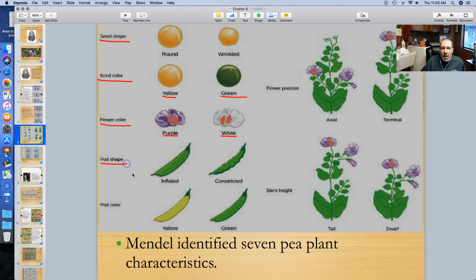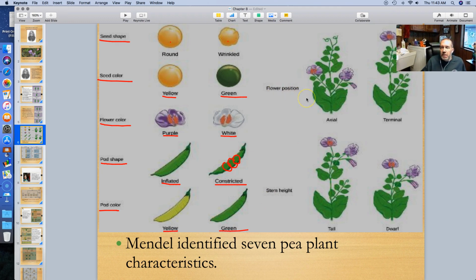Also the pod shape. There are those that were considered to be inflated, where the pea pod looked puffy, versus those that were more constricted, where you could see exactly where the individual peas were inside of that pod. Also the color of the seed, but also the color of the pod.